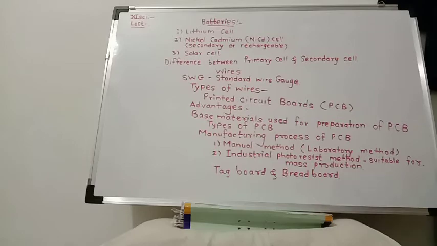Then the output voltage of nickel cadmium cell is 1.25 volt per cell, that is, for one cell. Now the advantages: it can withstand vibrations.